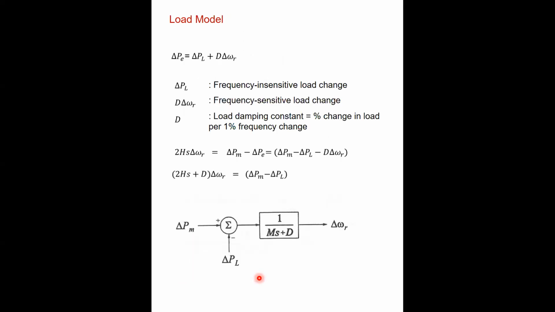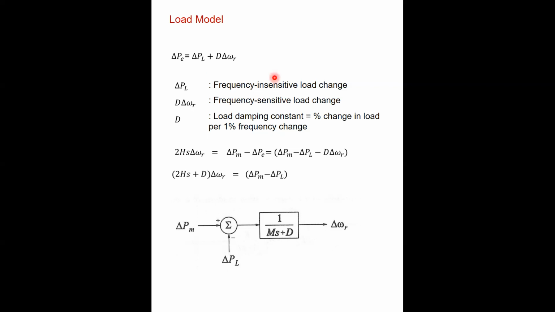And we can have this equation because the generator will be connected to the load. This is the electrical power, but the power flow to the load can again be categorized. Let's say you will have a static load and then a dynamic load.